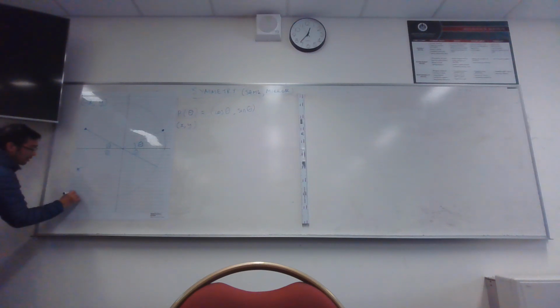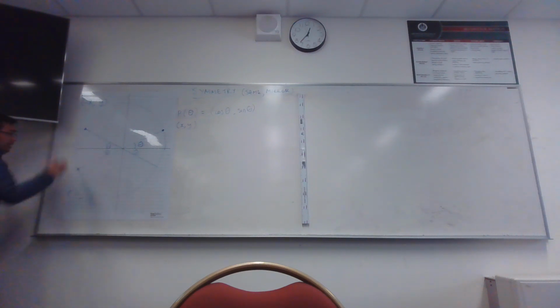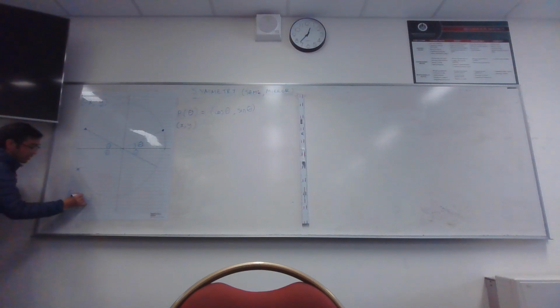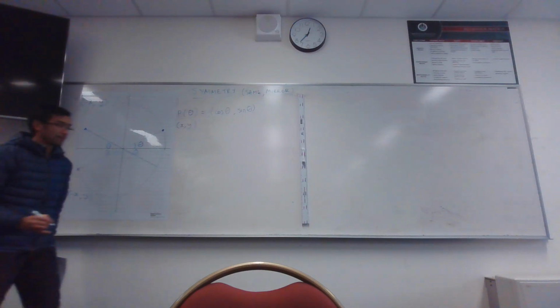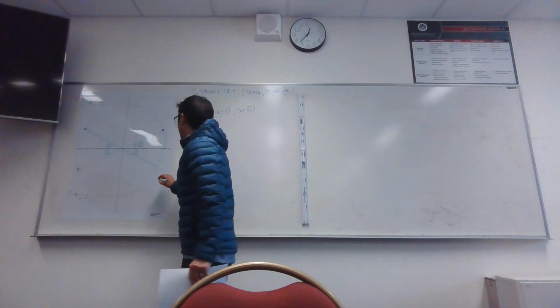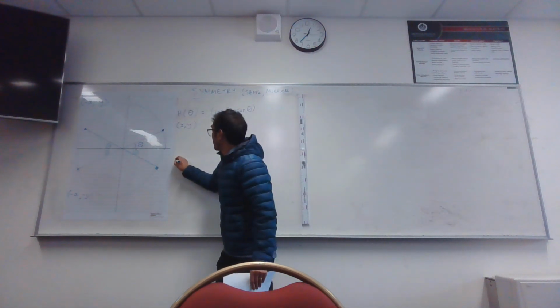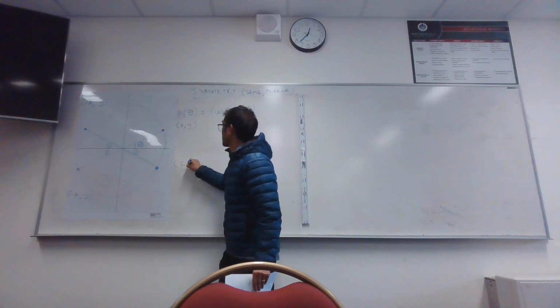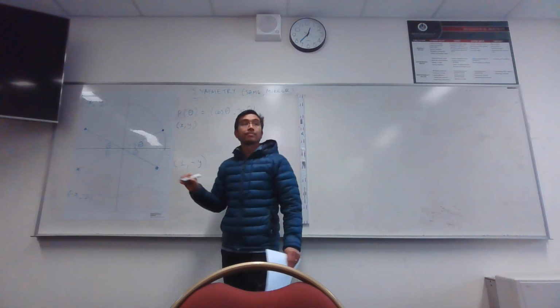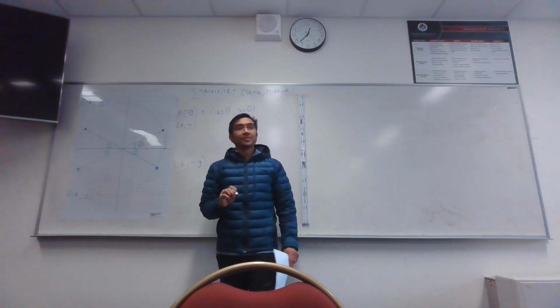If I have x and y, what would these two be, Manny? Negative x and negative y. And if I were to go here, Jesse, we have x and negative y. Okay.